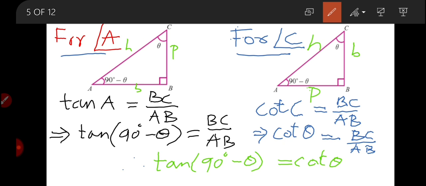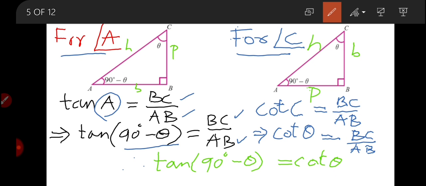Okay, so take the trigonometric ratio tan. Tan of angle A is equal to BC by AB. You know tan is P by B. Here P is your BC and B is your AB. So tan A is equal to BC by AB, and angle A is 90 degrees minus theta. So tan of 90 degrees minus theta is equal to BC by AB.